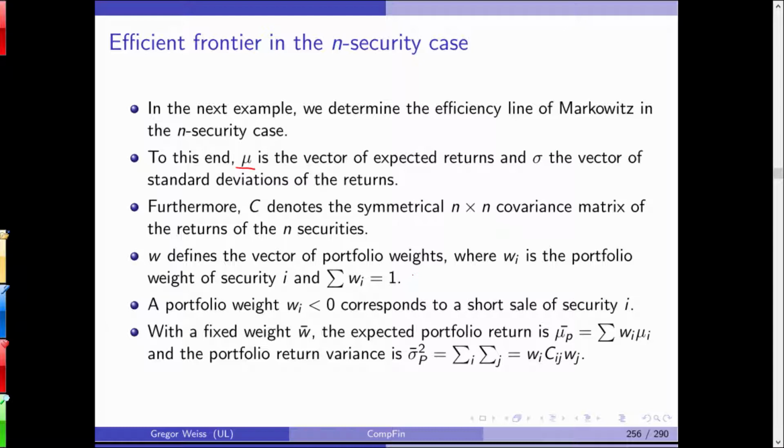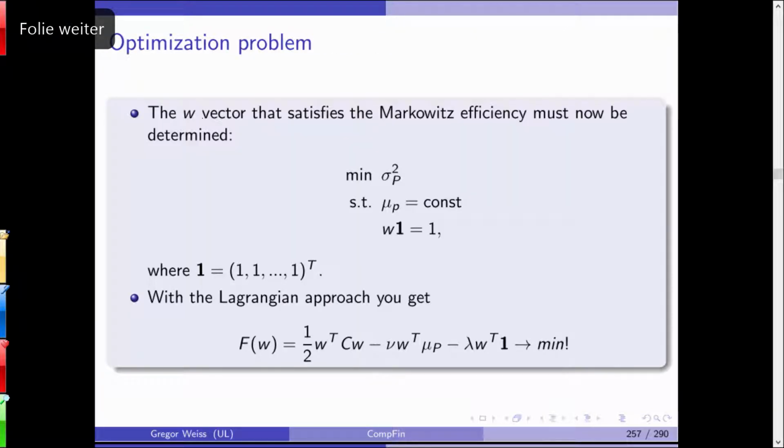Again, the weights should be larger than 0 and add up to 1. If we do have a weight that is negative, this is a short sale. With a fixed weight vector W bar, the expected portfolio return is mu p bar, equal to the sum of all W_i times mu_i, and the portfolio return variance is just the weight vector times the covariance matrix times the weight vector again.